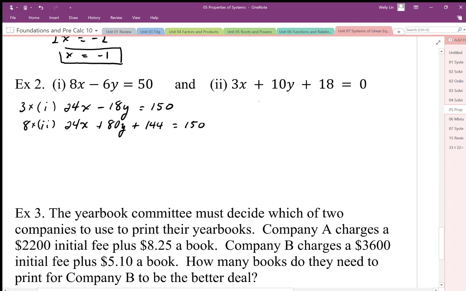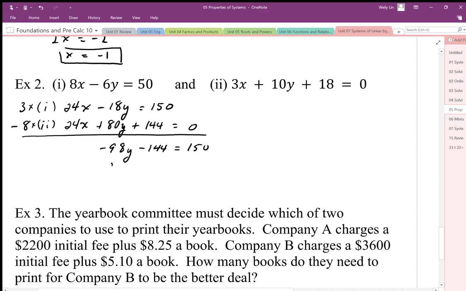Okay, does that look right? That looks right to me. So we're going to subtract these. Subtracting these, we end up with negative 98y minus 144 is equal to 150.